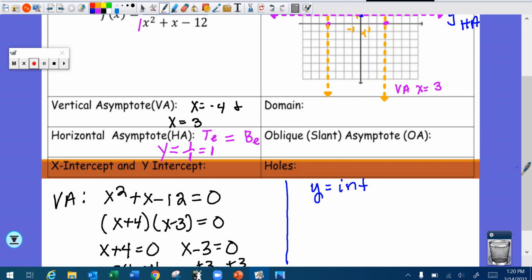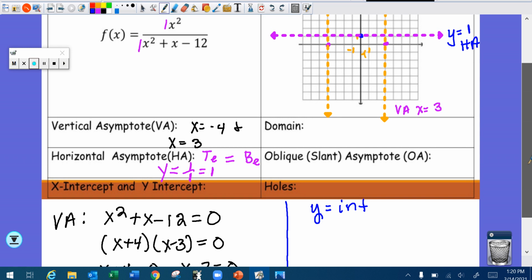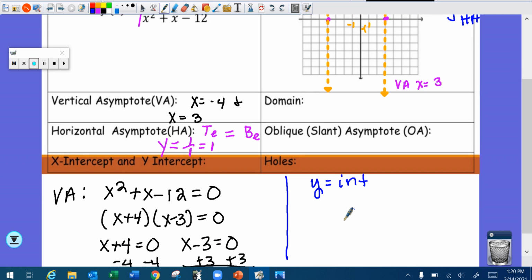So all you have to do to get your y-intercept is make x equal 0, because the y-intercept is where x equals 0.